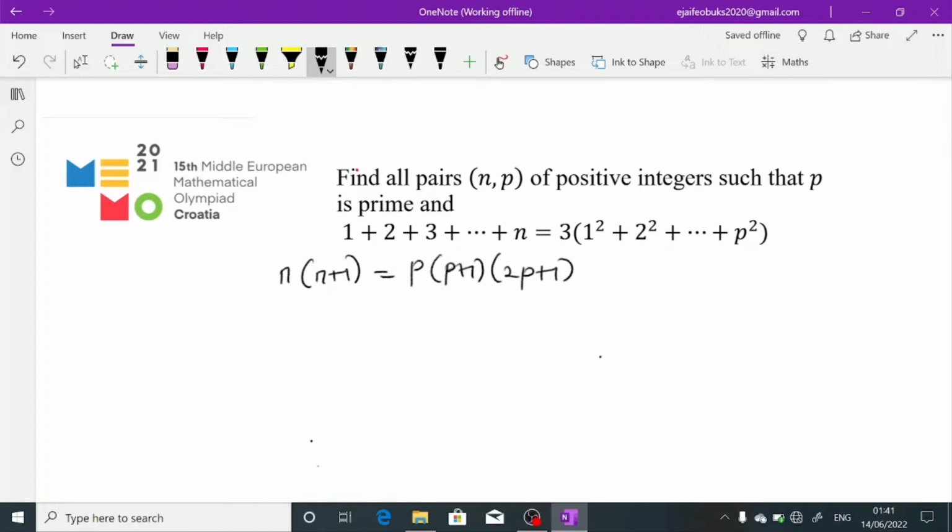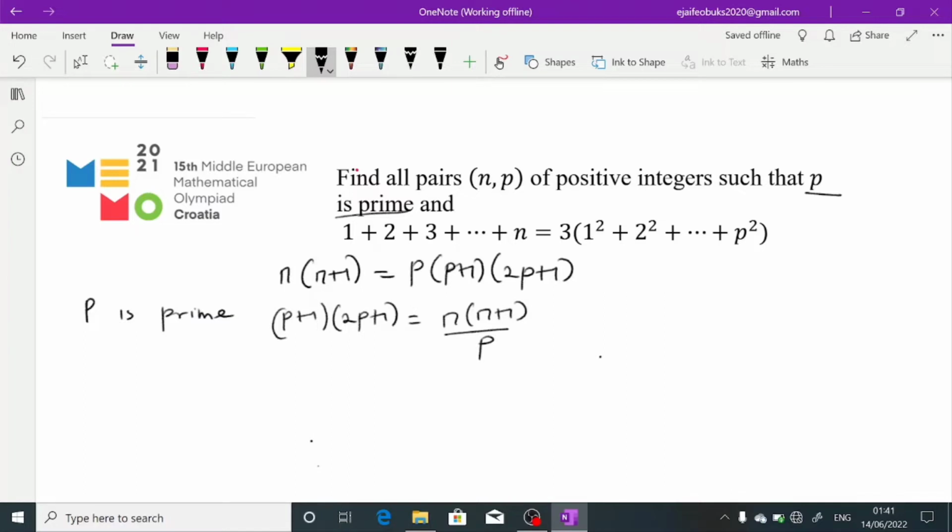Then the next thing we want to do: p is prime, the problem statement gave this. You can see it here. And since p is prime, (p plus 1)(2p plus 1) equals n(n plus 1) all over p.